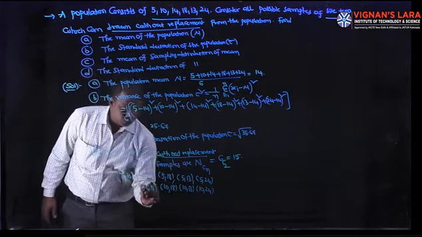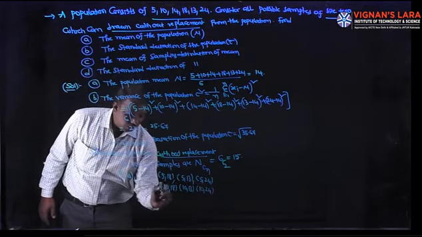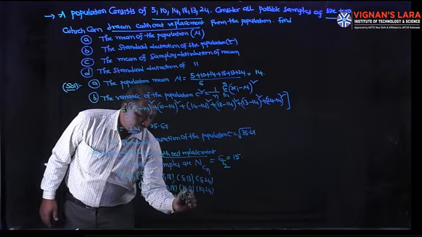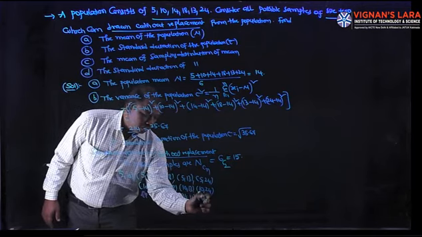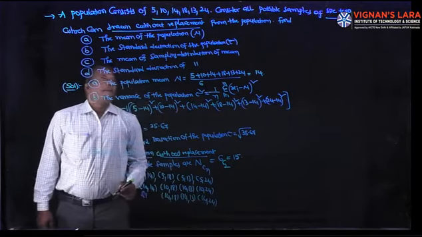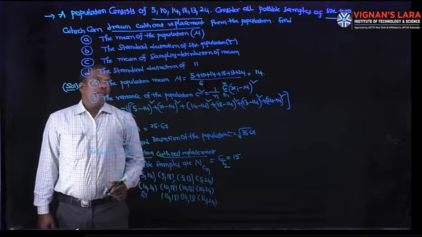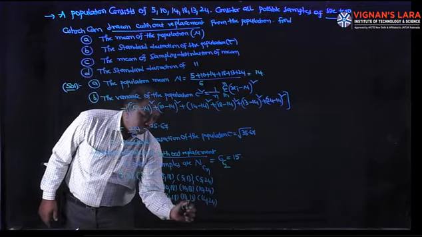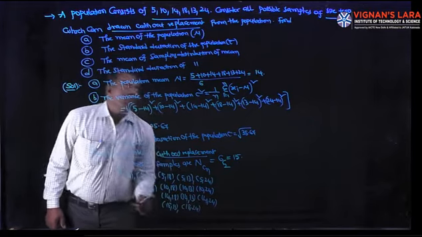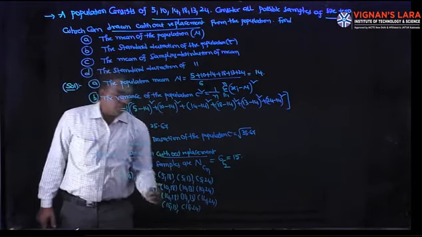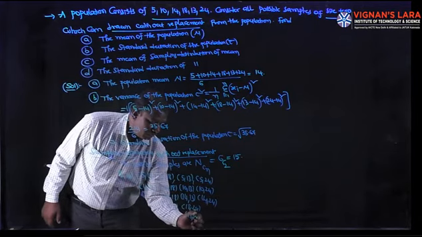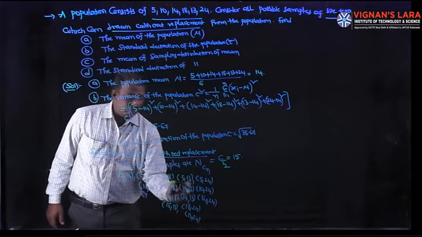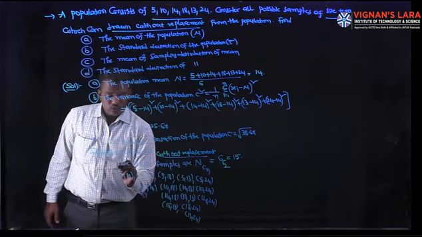Next, 14 with 18, 14 with 13, 14 with 24. Next, 18 with 13, 18 with 24. Last, 13 with 24. That is 1, 2, 3, 4, 5, 6, 7, 8, 9, 10, 11, 12, 13, 14, 15. This is the sampling distribution.